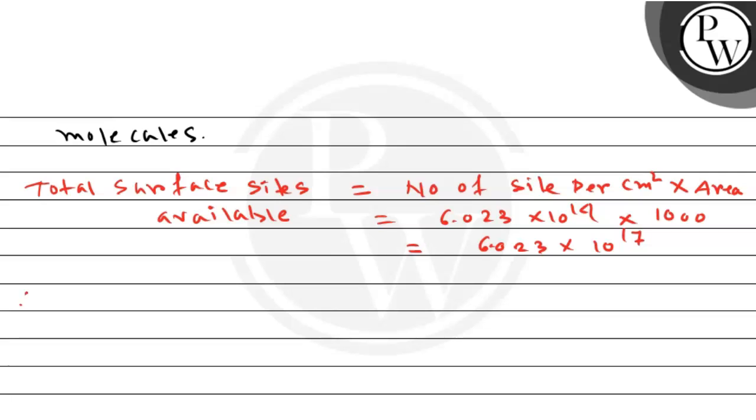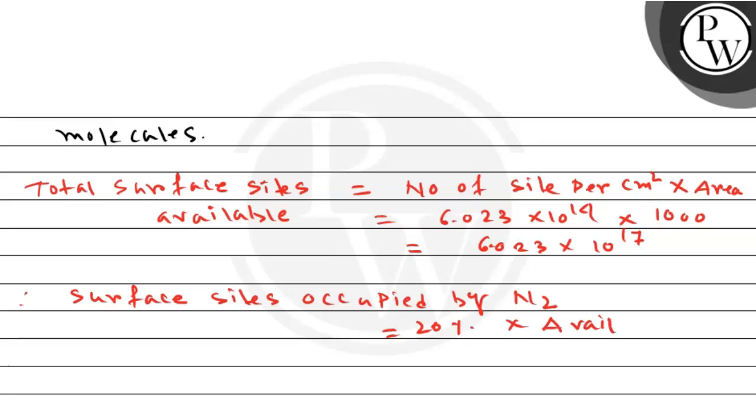Therefore, the surface sites occupied or adsorbed by N2 is equal to 20% of the available sites, that is 20% of 6.023 × 10^17.